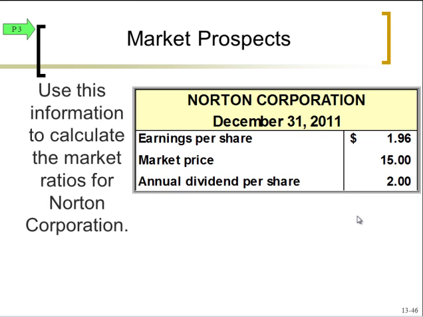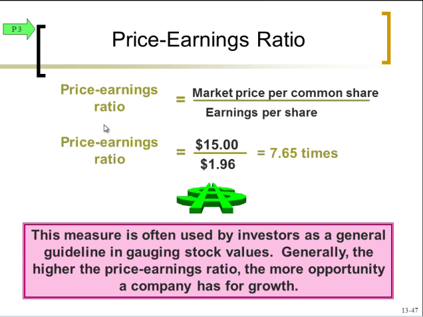And the last few ratios we have here deal with the market prospects. So we already dealt with earnings per share, so we're bringing that over because we need that amount, but we also need market price and annual dividend per share. This next ratio, the price-earnings ratio, compares our price to the earnings per share.